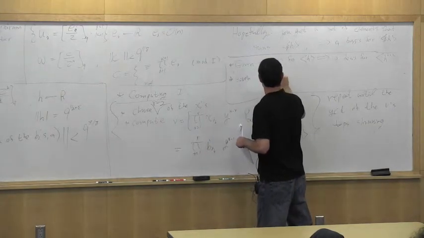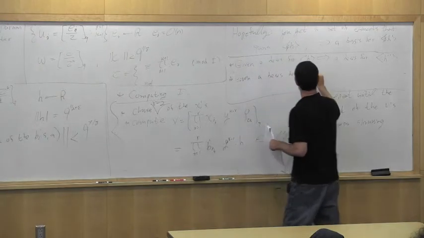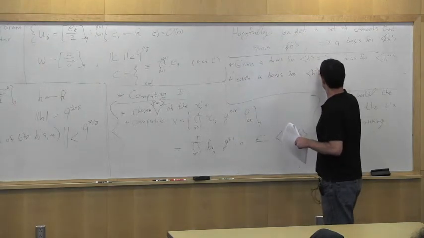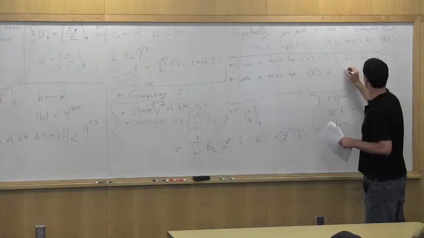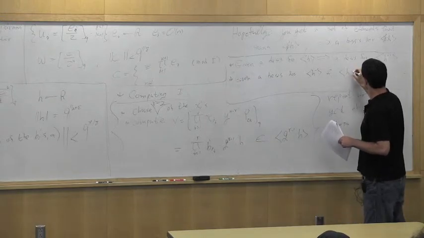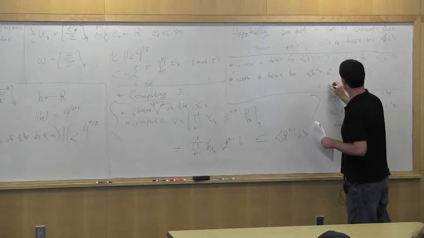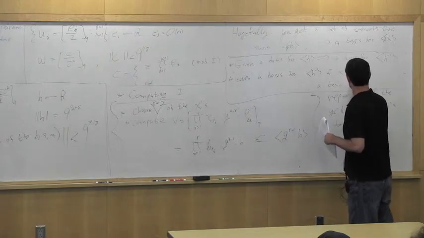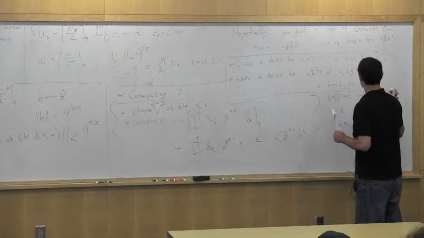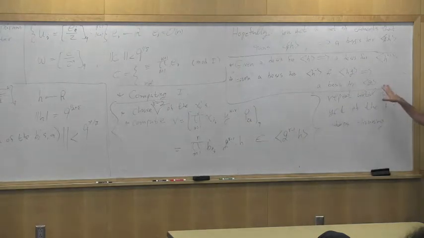Given a basis for H inverse and for H times G, get a basis for... So we can't really hide the ideal.